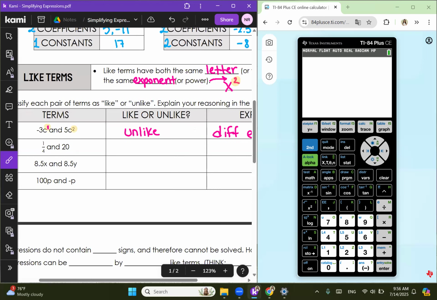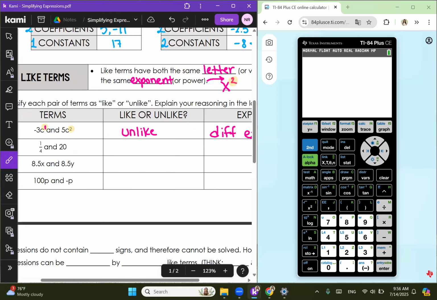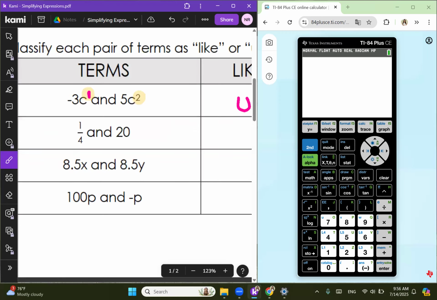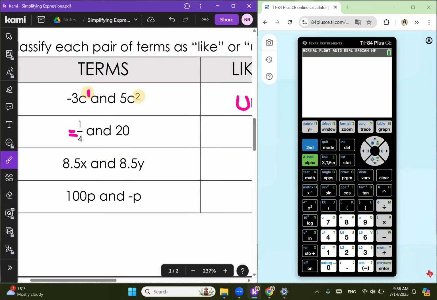The next one, 1/4 and 20. Well, these are both just numbers that do not have variables, so they are both considered constants. Even though one is a fraction and one is a whole number, you can think of that fraction as being 0.25. Can you add 20 and 0.25 or subtract them?